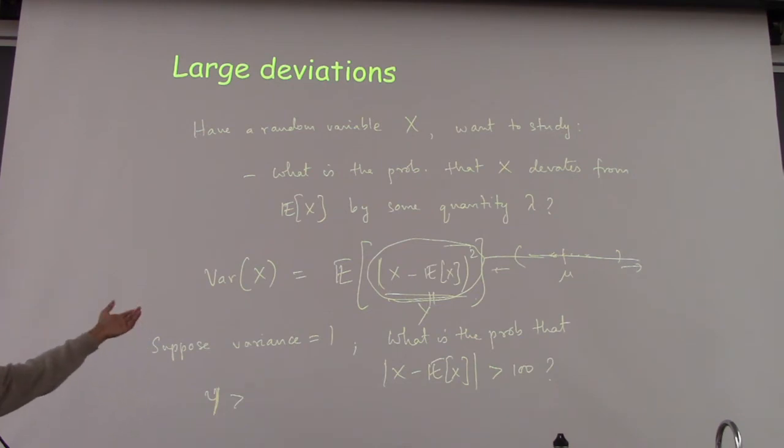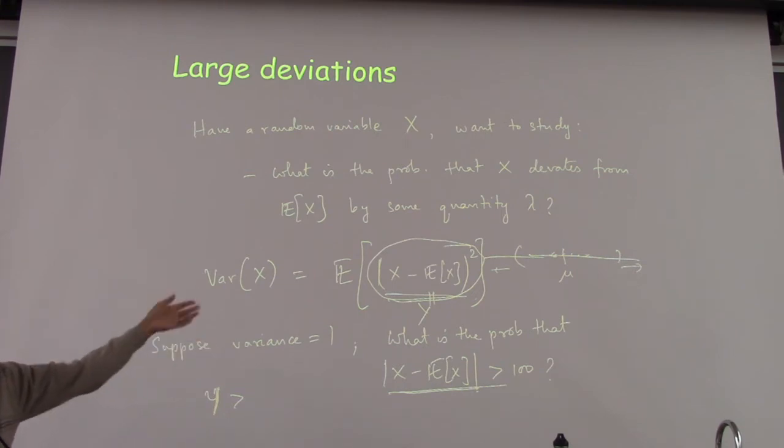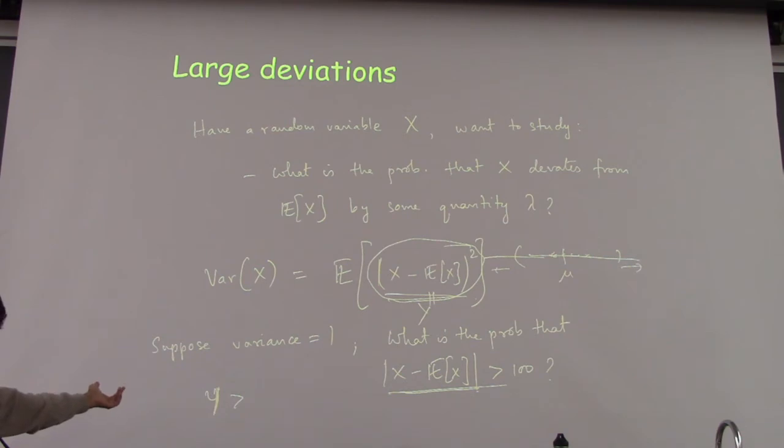So if the deviation is 100, then X minus E of X squared is 100 squared. So I'm asking what's the likelihood that Y is more than 10,000. The probability of this event is exactly equal to the probability of Y being more than 10,000. Now Y is a random variable whose expectation is 1, as I just told you.